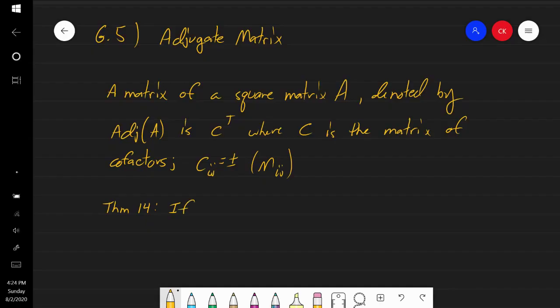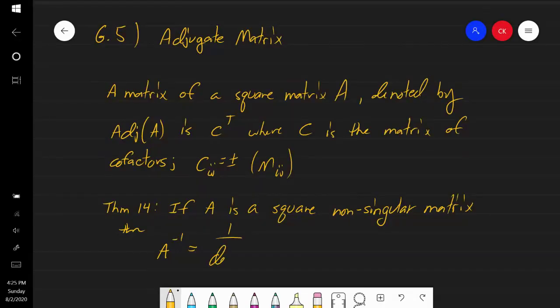It says, if A is a square matrix that is non-singular, then A inverse can be computed as 1 over the determinant of A times the adjoint matrix, or adjugate matrix, of A.